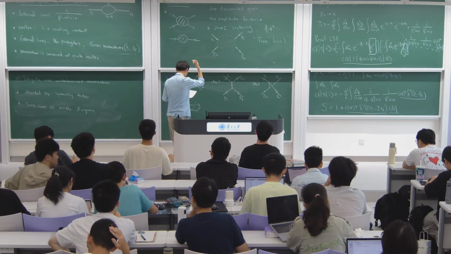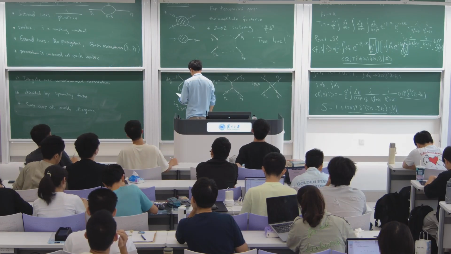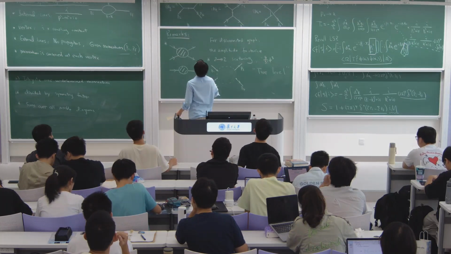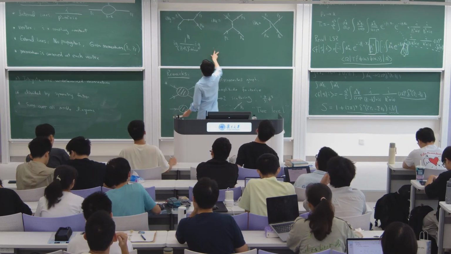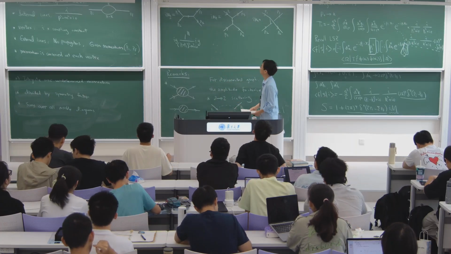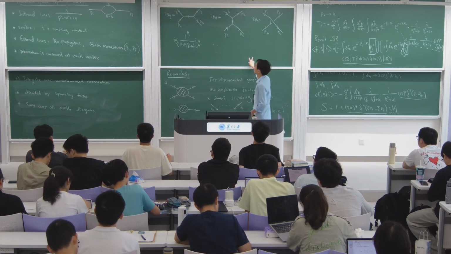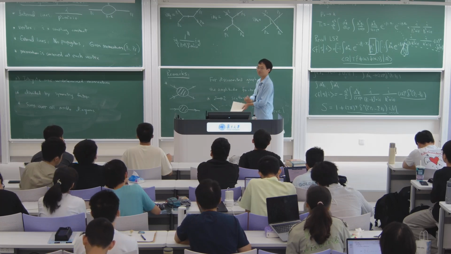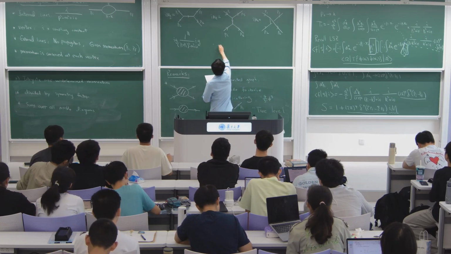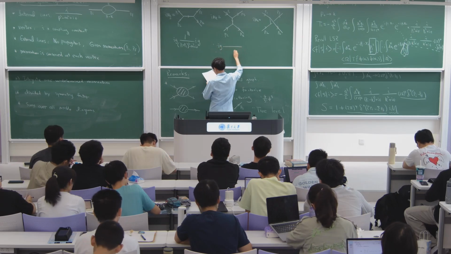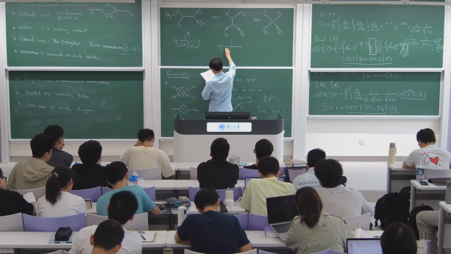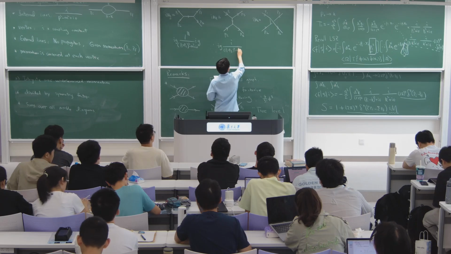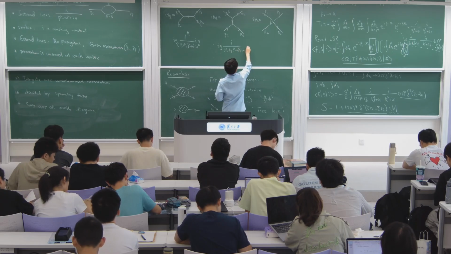Let me first write it down. Okay, so this will be the result. So easy. See. What happens for the second one? Also Ig, and for the propagator i, this is P1 minus P3, and another Ig.